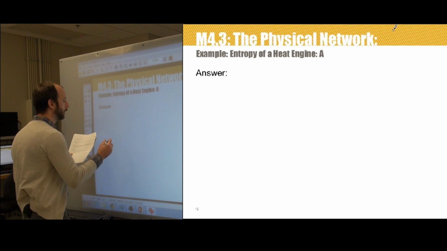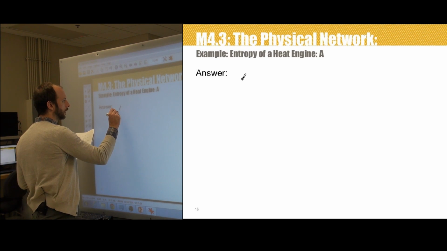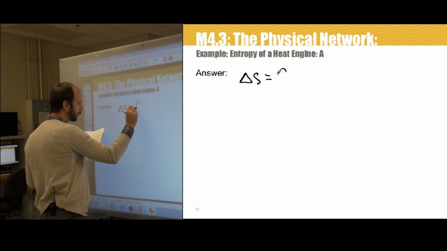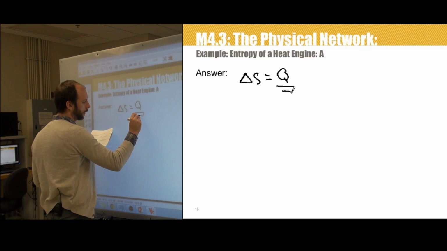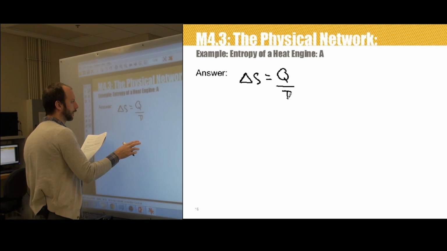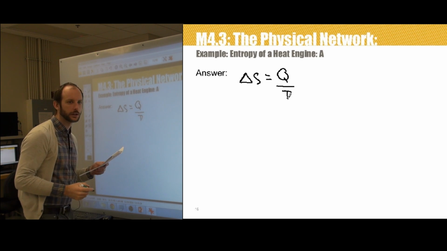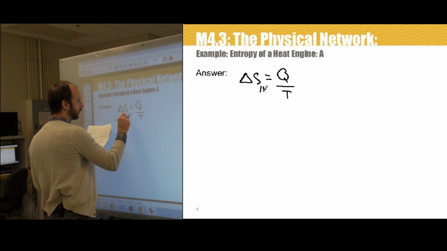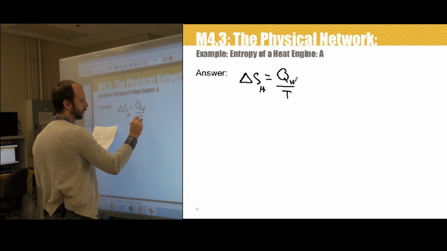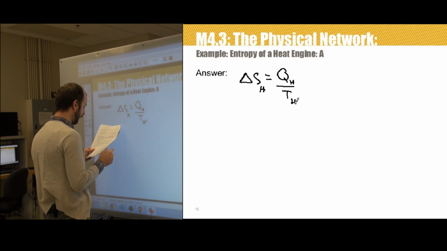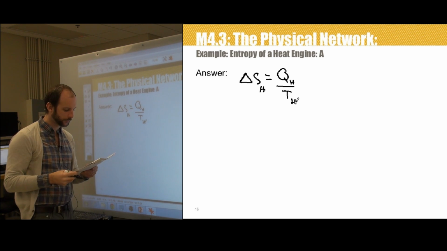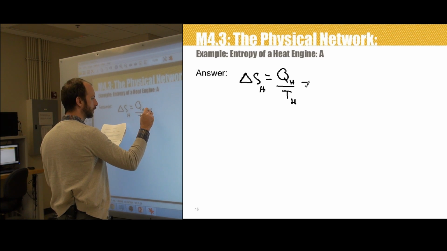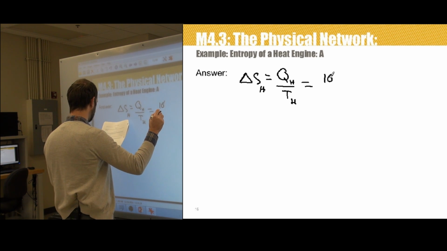So we know that the change in entropy, delta S, is given by Q over T, the thermal energy divided by the temperature. And in this case, we're calculating it for the high temperature reservoir, so that's H, and despite the typo on the last page, and I apologize for that, it's 10 to the 6th joules per second.